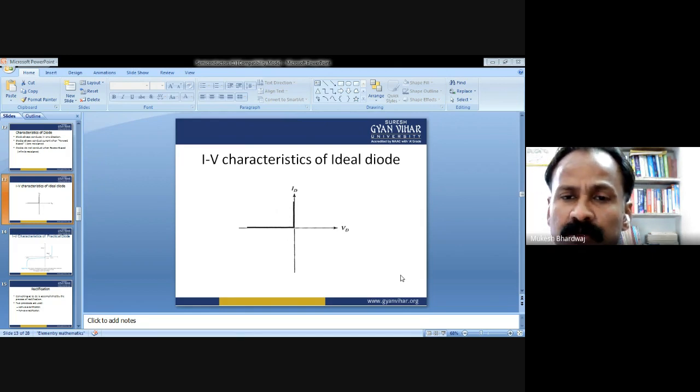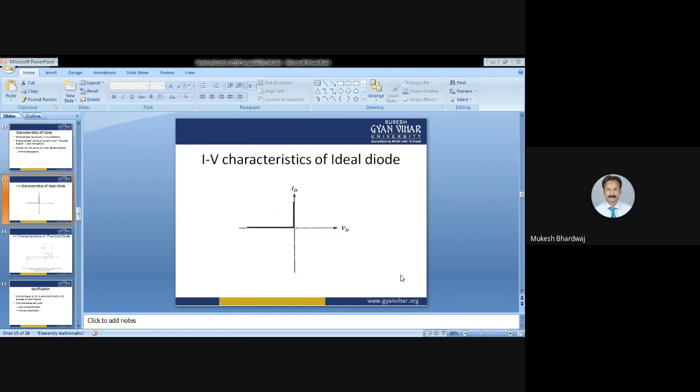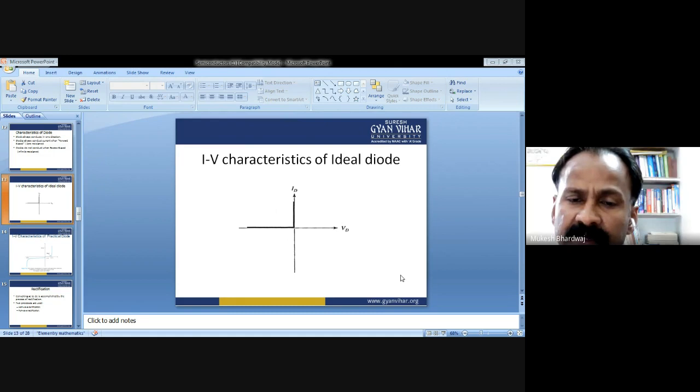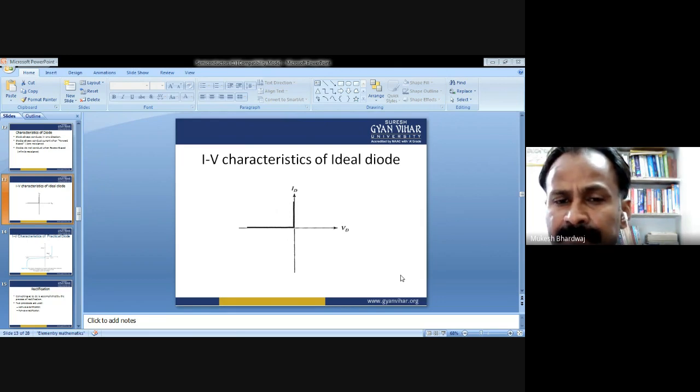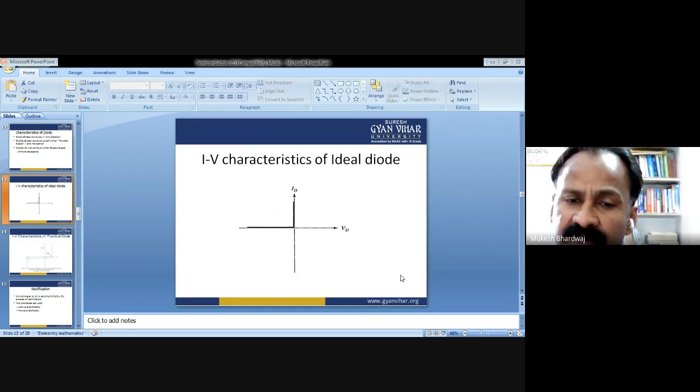But in practice, this graph does not hold, because a practical diode's current in forward bias increases exponentially, not like this. In reverse bias, as you increase the voltage, the current starts to flow after a certain applied voltage.